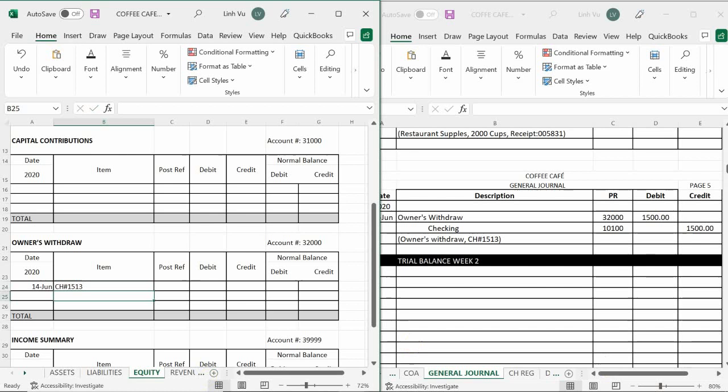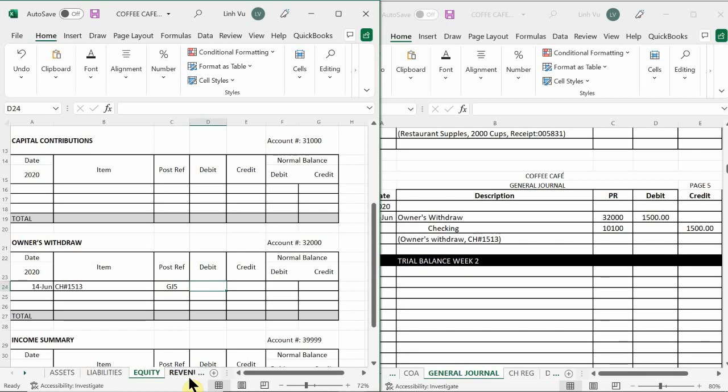Not really much detail you can say there because he's just taking money away from his company. Is there any real detail into this? You want to justify it? Hard work? I don't know. Whatever kind of notes you want to put there. In this case, I'm going to put my paper trail, which is the check number that the owner took money out of the company with. And of course, we're on General Journal page 5 because we started a new one.